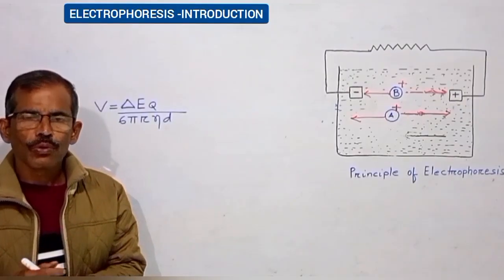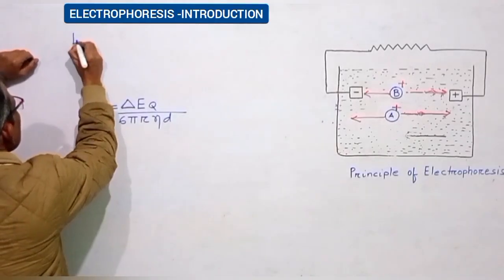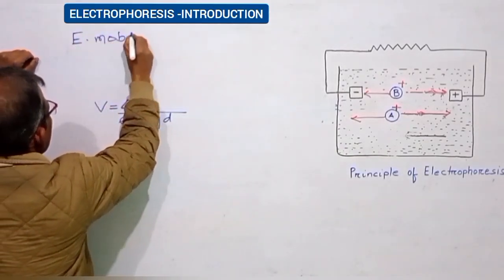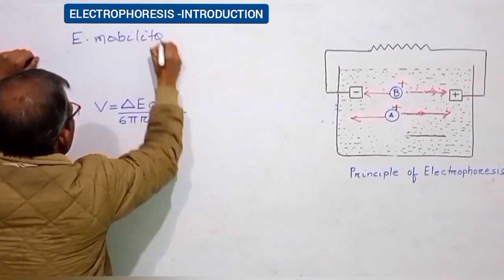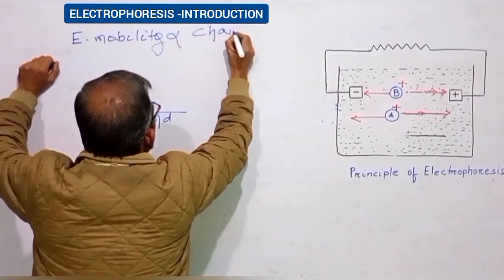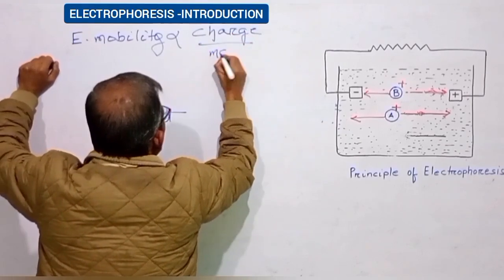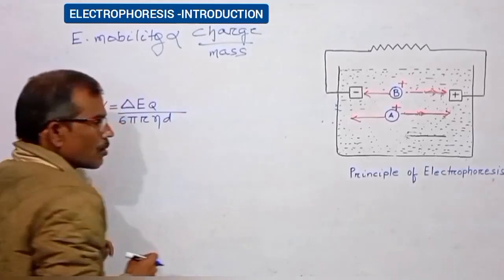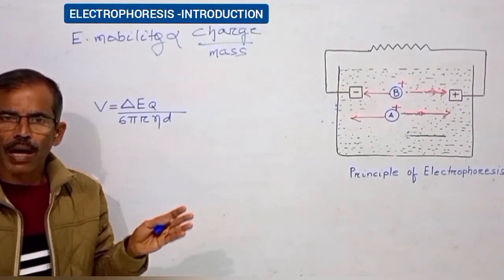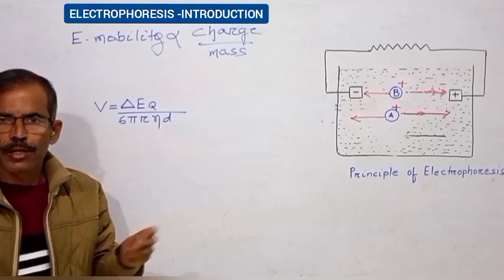Combining these two, we can say that one of the most important factors that determine electrophoretic mobility is the charge to mass ratio. So the molecule which has a higher charge to mass ratio will migrate at a faster rate in the electric field.